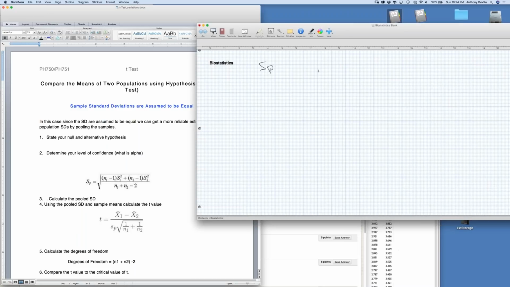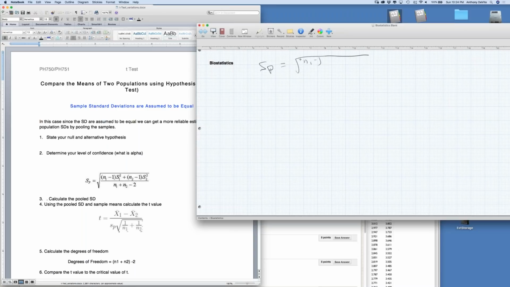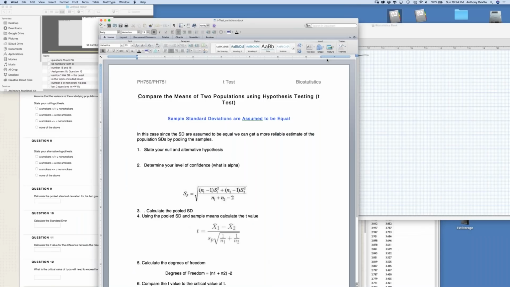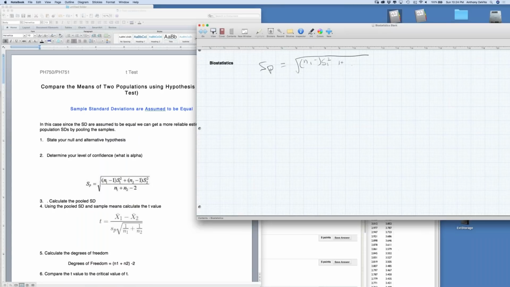Here's our formula. I'll just echo our formula here. The pooled standard deviation is the square root of sample size 1 minus 1 times the standard deviation for group 1 squared plus sample size 2 minus 1 times the standard deviation for group 2 squared over n1 plus n2 minus 2.